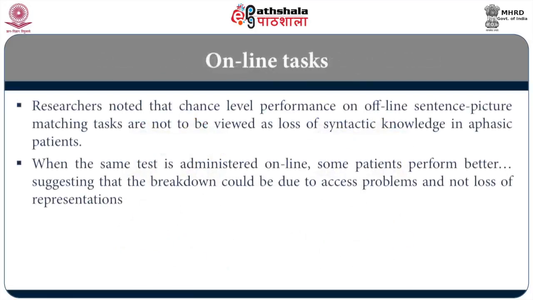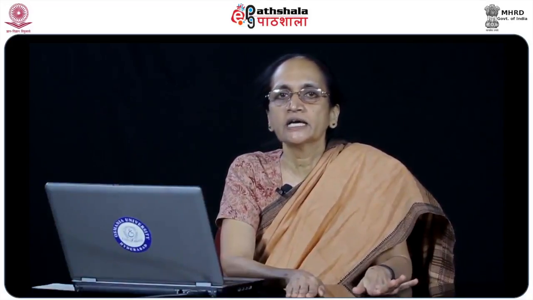Why we need to make this distinction between offline and online is that researchers have noticed that chance level performance in offline tests, say the sentence picture matching test, is not to be interpreted as loss of syntactic knowledge. Earlier, when neurolinguists used offline tests, if patients got only 50% correct or 40% correct, they concluded that in these patients syntactic knowledge is gone, that there is damage to syntactic knowledge.